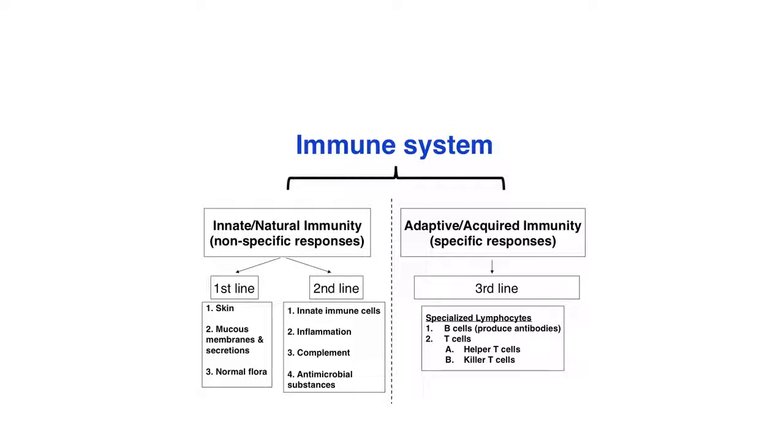And elements of the innate immunity, or natural immunity, or non-specific responses, they don't care what kind of microbe it is. Is it a bacterium or virus or something else? What kind of bacterium? What kind of virus? What they know is that it is not me, it is not the host, it is not part of me, so I'll destroy it.